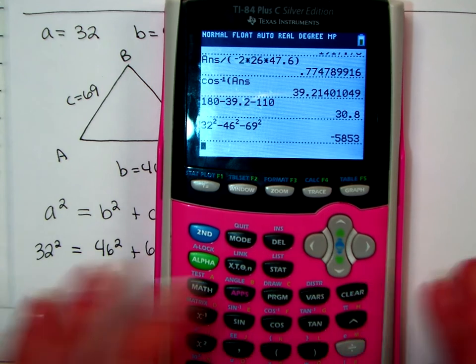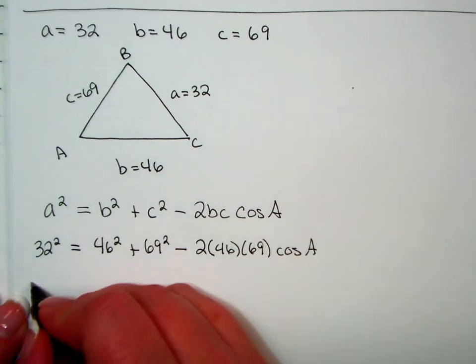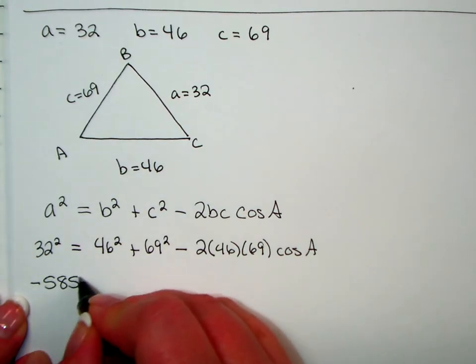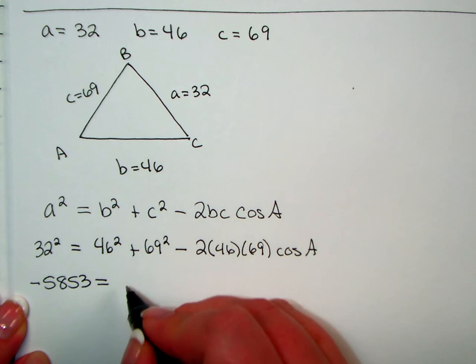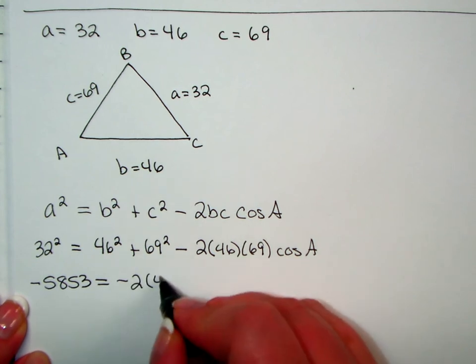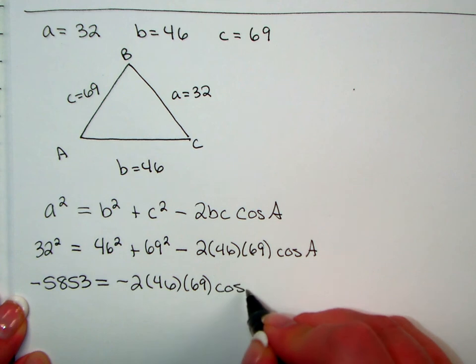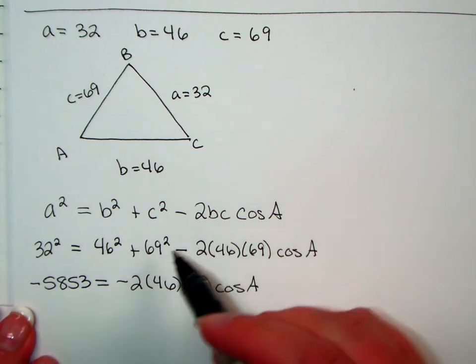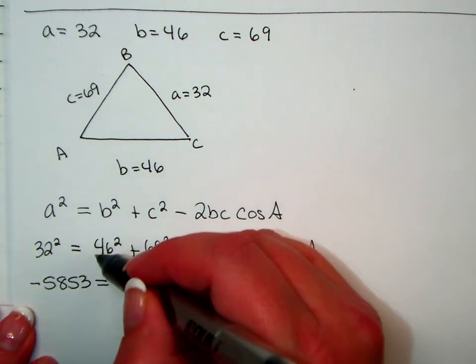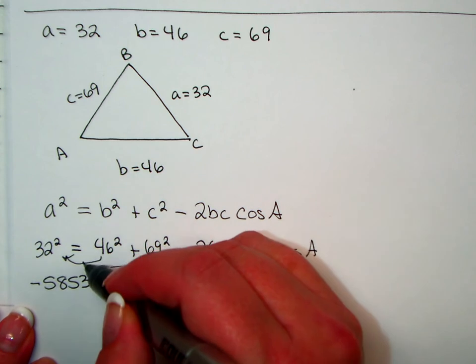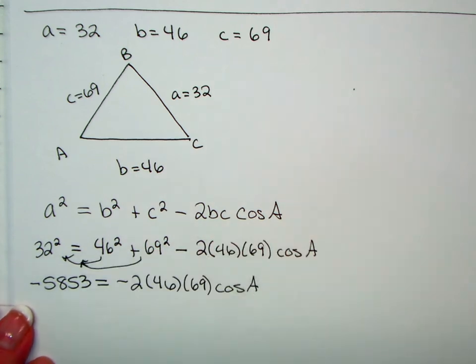All right. So I'm going to write that down. So now I have negative 5853 equals negative 2 times 46 times 69 times cosine A. All right. I'm just moving this over, and subtracting it. Okay, so these are gone.